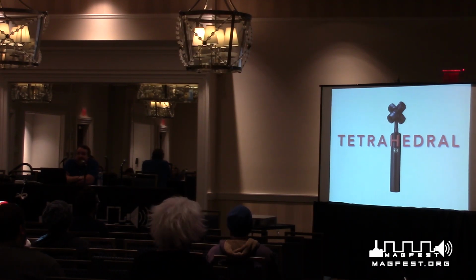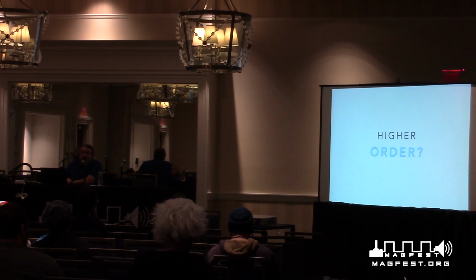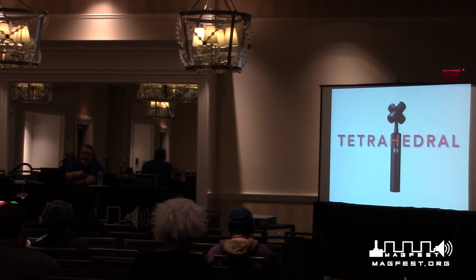Now that's not the only thing you need. Microphone's one thing. The next thing, higher order. I forgot about this. This microphone here is called a first order microphone. It gets you your horizontal really good, and it gets your up and down pretty good.